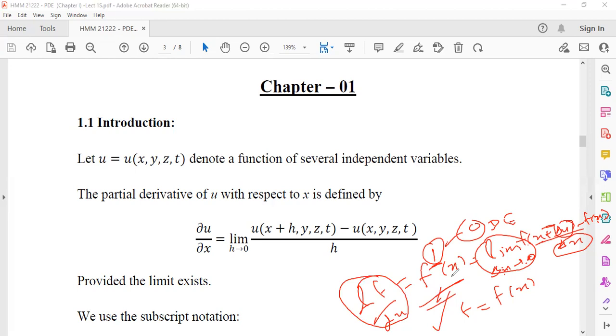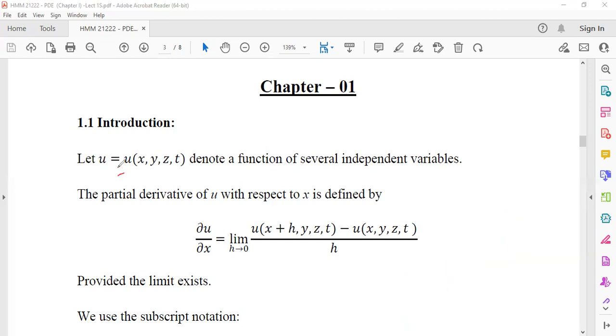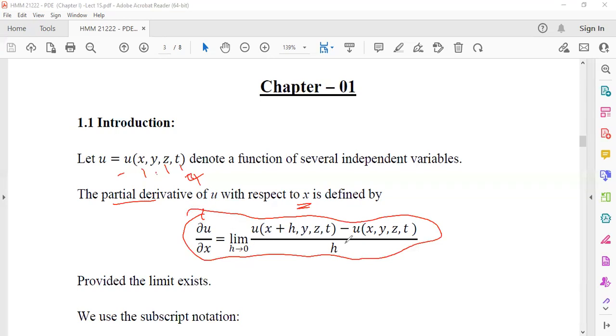Likewise, we can define our partial derivative as well. So this is a way of writing. This is a partial derivative, so we use the daba, okay? This u is dependent on x, y, z, t, no? There are four independent variables, but we are considering only x. So this will be the definition, likewise.